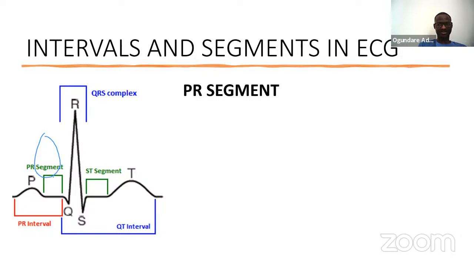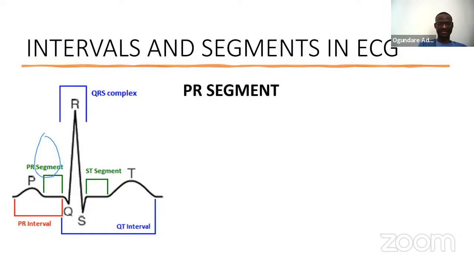Remember, P wave is atrial depolarization. Or you can just say distance. I can take that from you at this stage. But an isoelectric line from the end of atrial depolarization to the onset of ventricular depolarization.